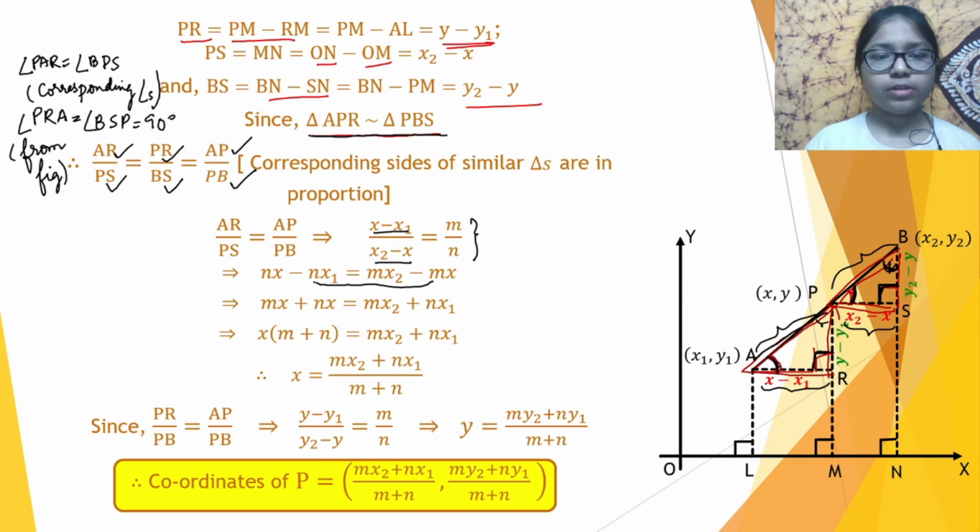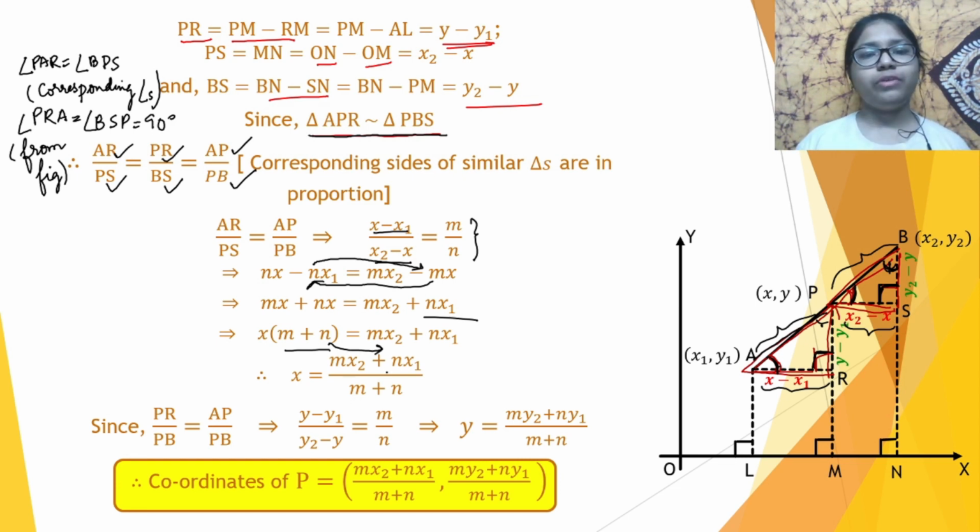Then bring mx to the left-hand side, so it will become positive mx plus nx, and then shift nx1 to the right-hand side. Take x common, then m plus n, mx2 plus nx1. So this will come in the denominator. So the value of x becomes mx2 plus nx1 by m plus n.